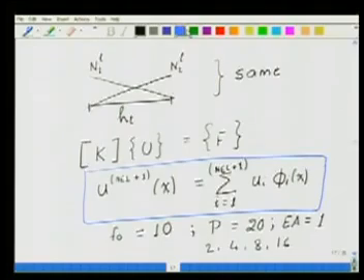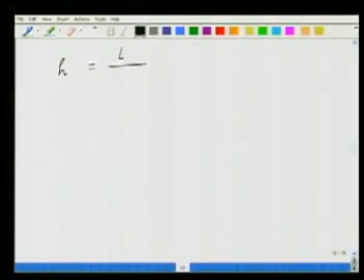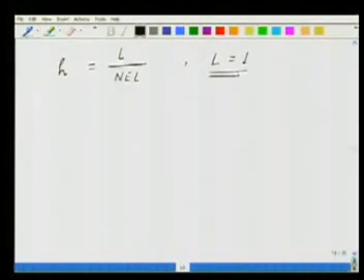Uniform mesh size means H will be equal to L by NEL, and let us take L equal to 1. So, one can easily attempt this solution and see what you should see out of this.